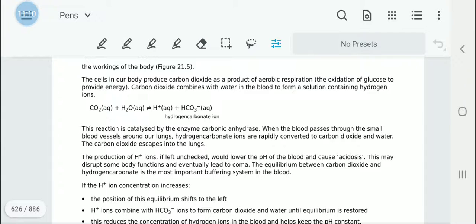The carbon dioxide that is produced by aerobic respiration combines with water to produce hydrogen carbonate ions and H+. This reaction is catalyzed by carbonic anhydrase.